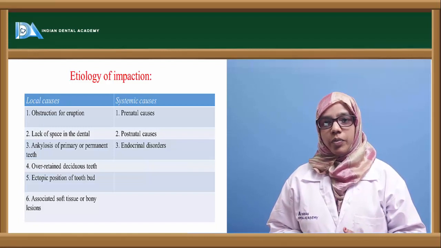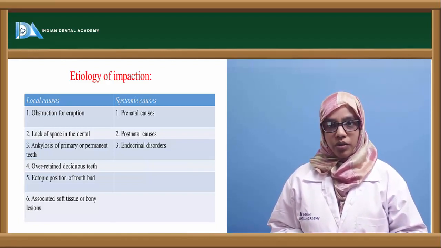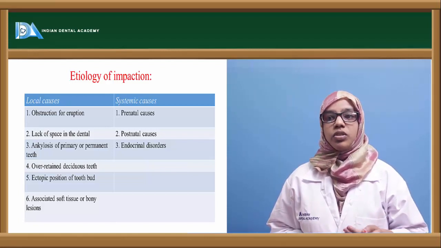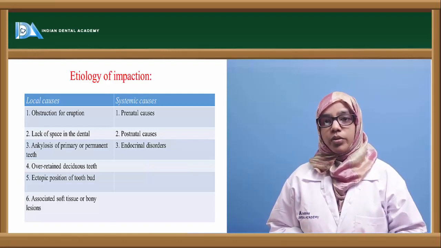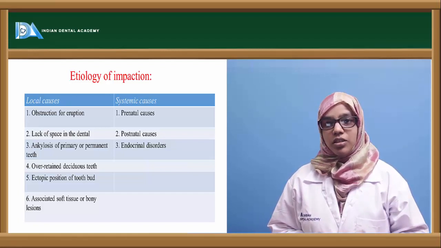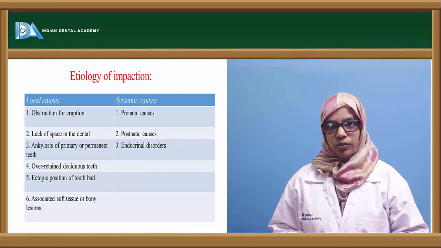There could be lack of space between the second molar and the anterior border of ramus for the eruption. Or there could be an ankylosis of the primary tooth, or the primary tooth is over-retained. Or there could be ectopic position of the tooth bud that could result in impaction, or associated soft tissue or bony tissue pathology that could result in an impacted tooth.